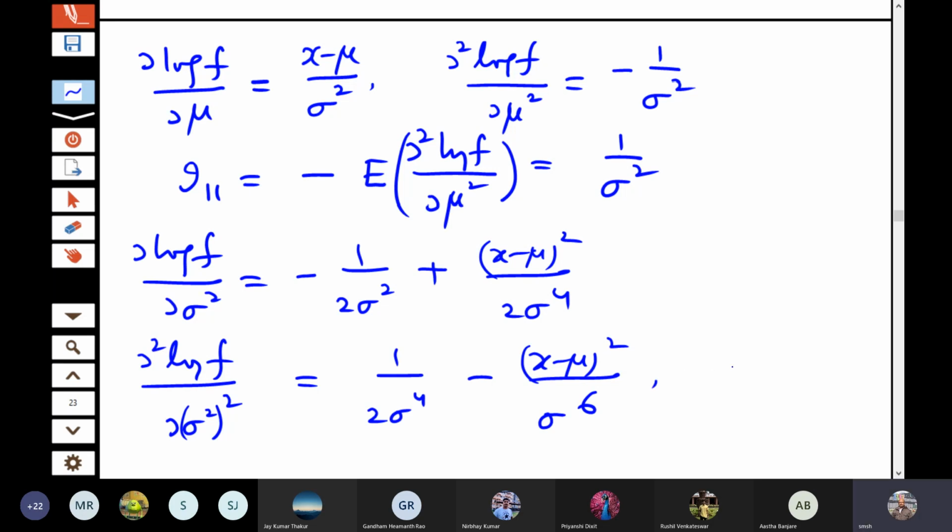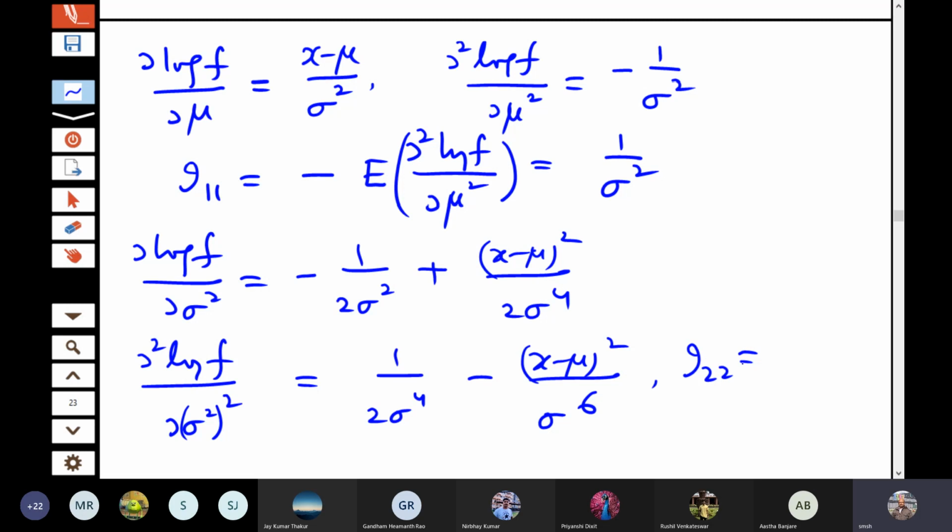Now if I take expectation of this, the expectation of (x minus mu) square is sigma square. So 1 by sigma to the power 4, this is with a minus sign, so minus 1 by 2 sigma to the power 4.